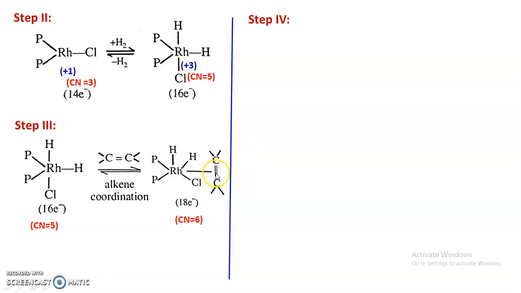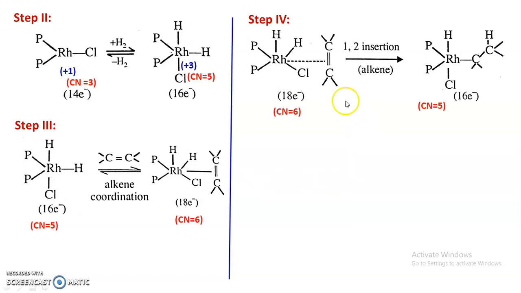There is a breaking of the double bond between these 2 carbon atoms, and the alkene intermediate complex follows 1,2 insertion, and there is a formation of a 16 electron 5 coordinate complex. So this double bond breaks, and this bond is now formed with one of the carbon, and we get 1,2 insertion like this.